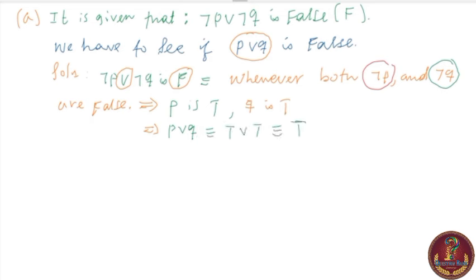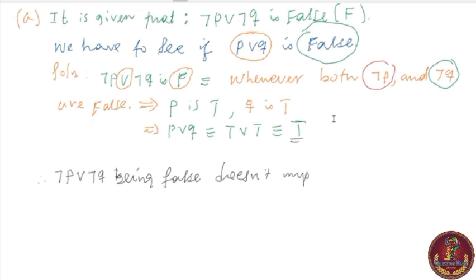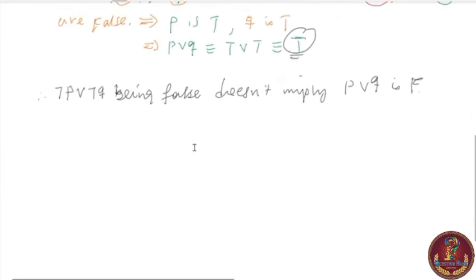But the question was to check whether the given condition implies false, and because we have obtained true, the negation of P or negation of Q being false doesn't imply that P or Q is false. So we conclude A doesn't imply the result.